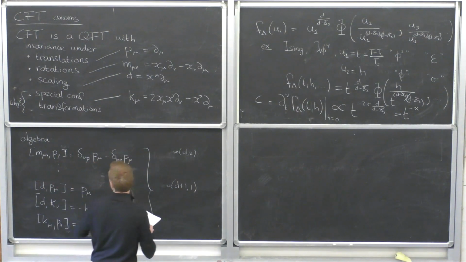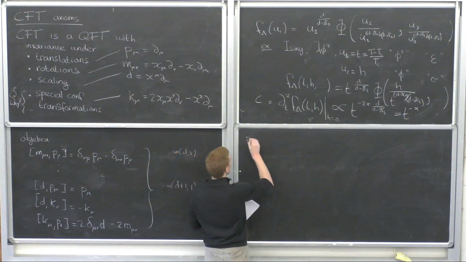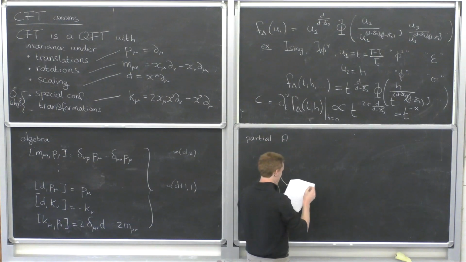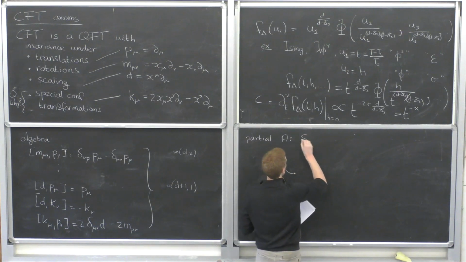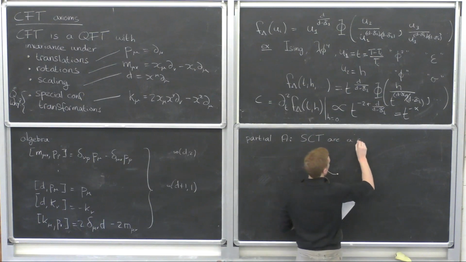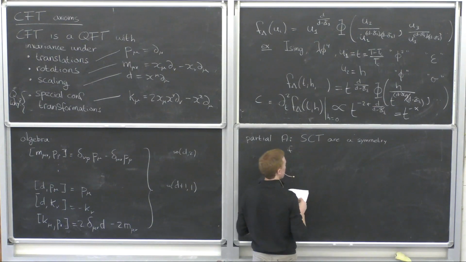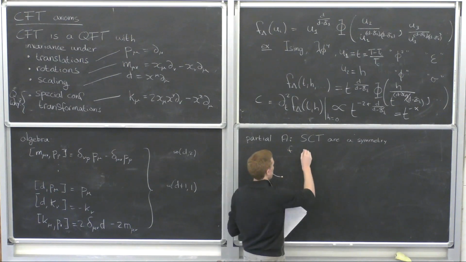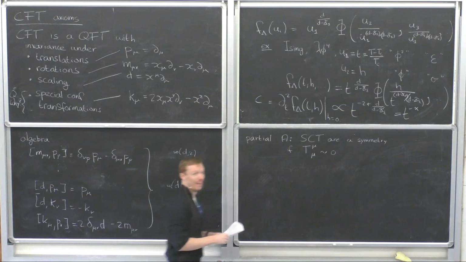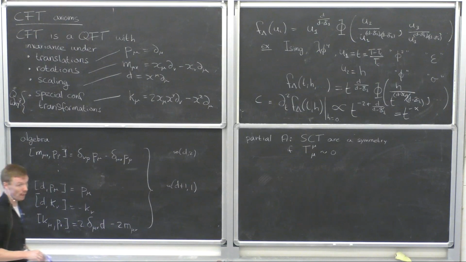So a partial answer to this why question, a first step towards the answer, is that special conformal transformations are a symmetry if you have a stress tensor, and the stress tensor has zero trace. Not quite zero, so I'm writing a tilde now. It's zero up to contact terms in flat space.